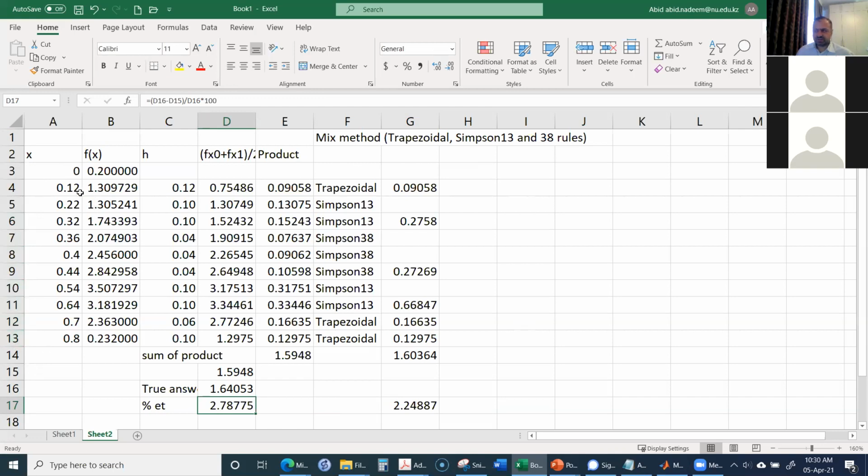There may be some data in the uneven data that may be evenly distributed. So we can apply a mixed method. By the mixed method, maybe we can increase the accuracy of the answer as well. Okay.